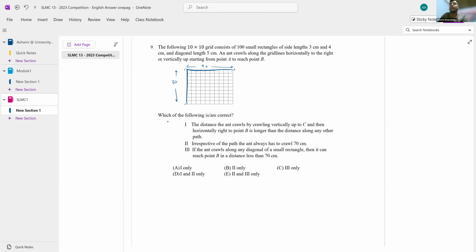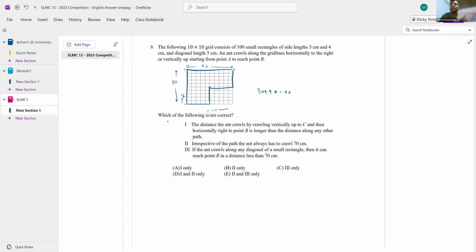So you can do like that, or you can do like that. And you can see no matter how you go, you will have to go 10 steps this way and 10 steps that way. So you will always have to go 30 plus 40 equals 70 units of length.